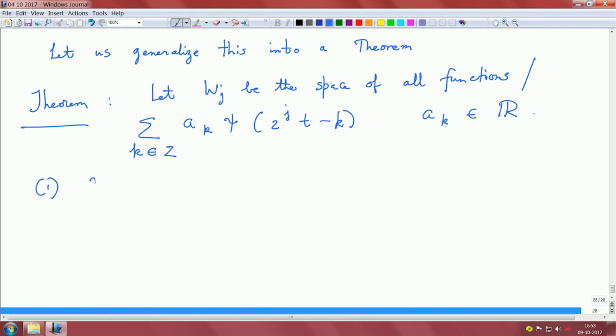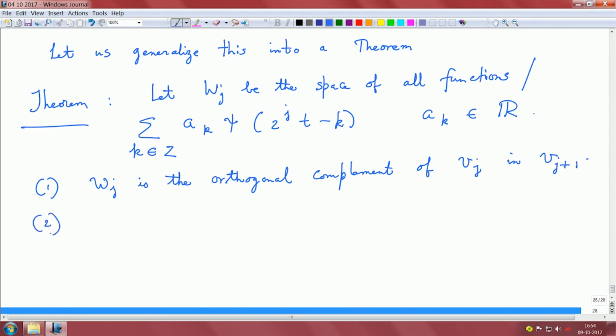The first property is, if Wj is a space of all functions such that this holds, right, then Wj is the orthogonal complement of Vj in Vj plus 1, and you can write Vj plus 1 as the direct sum of two spaces, which is Vj and Wj.